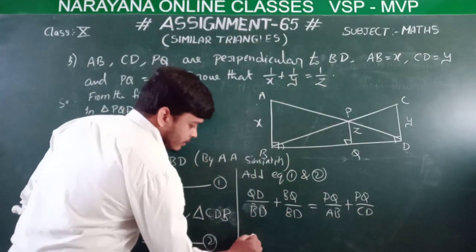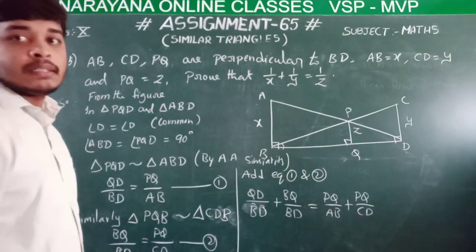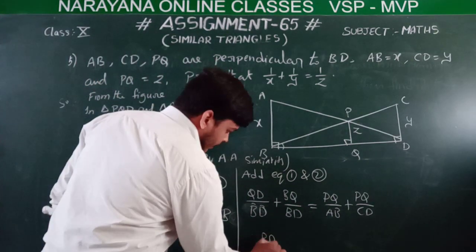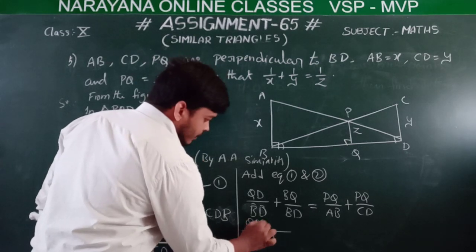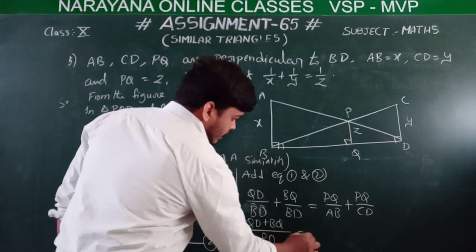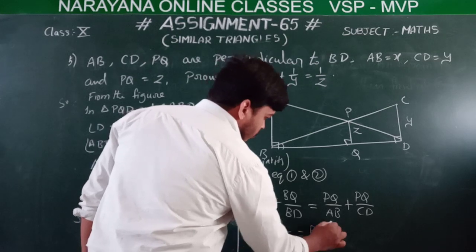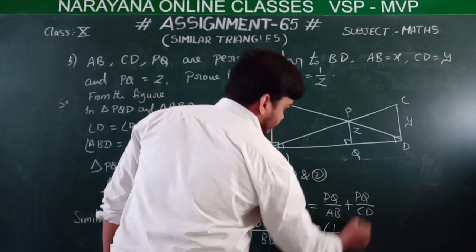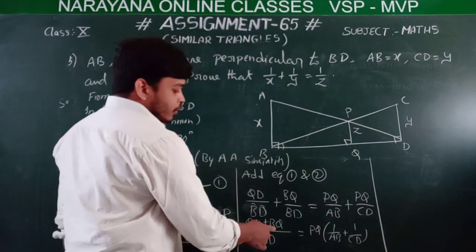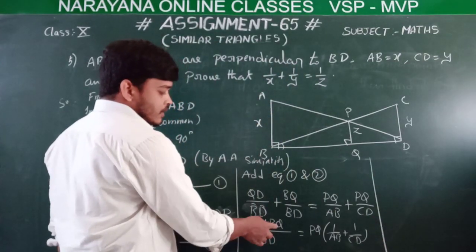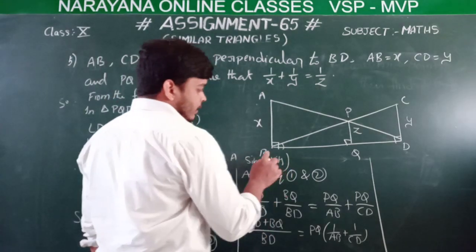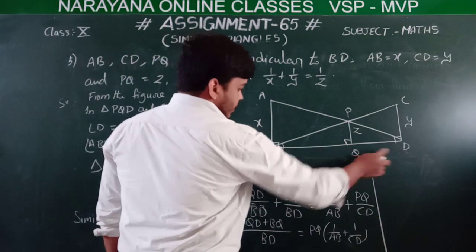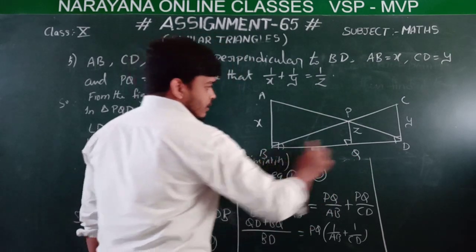Here the denominators are equal. So QD plus BQ over BD is equal to, taking PQ as common, PQ times 1 by AB plus 1 by CD. QD plus BQ is BD only.